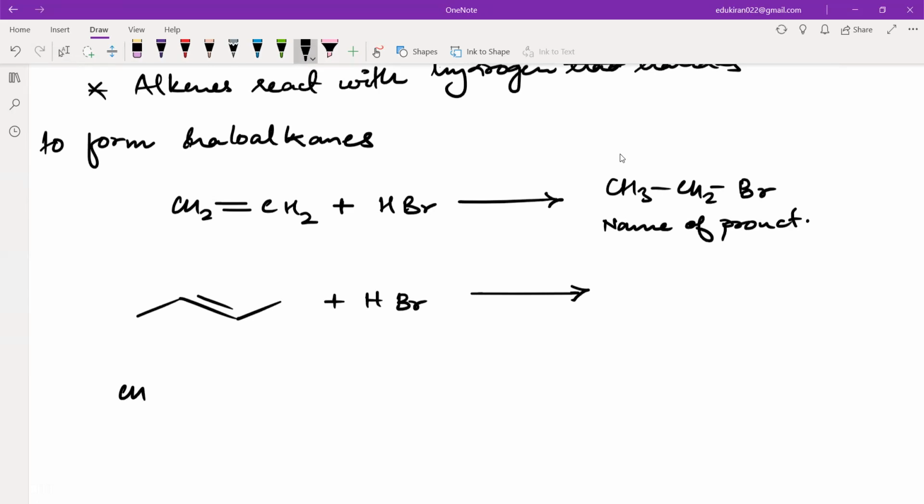So this is CH3 CH double bond CH single bond CH3 plus HBr. You have to name the product, okay?